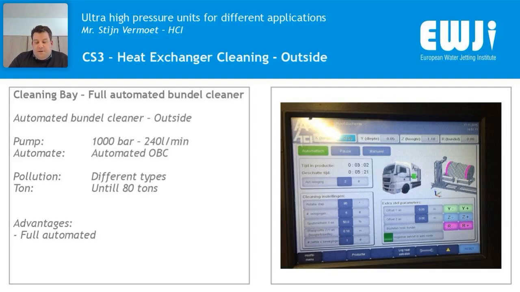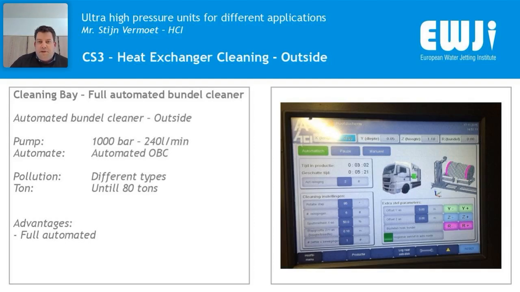For that we use a big pump with 240, sometimes 260 liters a minute with 1,000 bar, stated here, but also sometimes up to 1,500. The main topic with high pressure at the moment is we can automate almost everything, with our own technical department, but also with good and strong suppliers we work with.